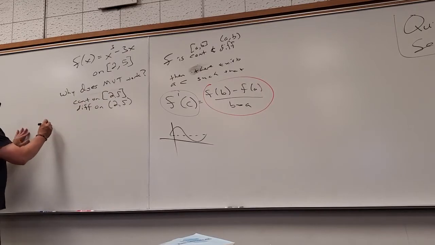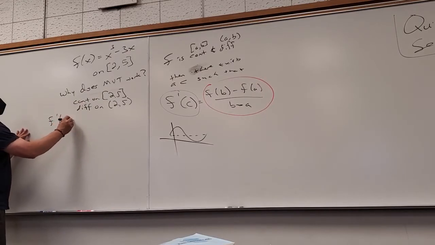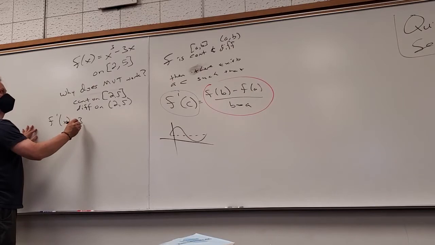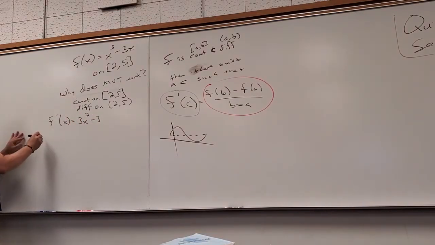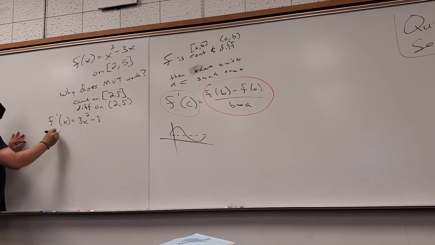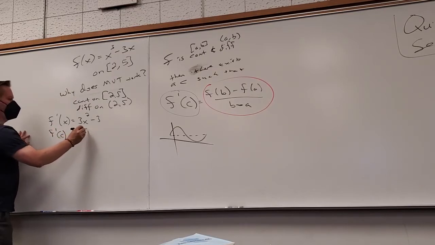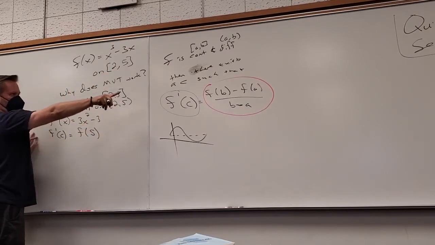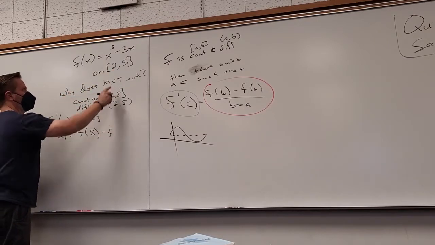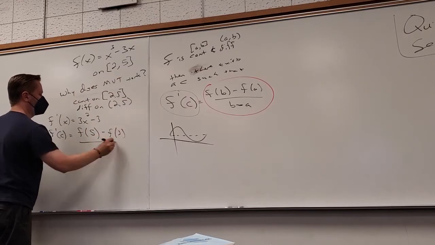So how do you do this? Well, what's f prime? It's 3x squared plus 3. Okay, cool. And so now I know that f prime of c has to equal (f of 5 minus f of 2) over (5 minus 2).